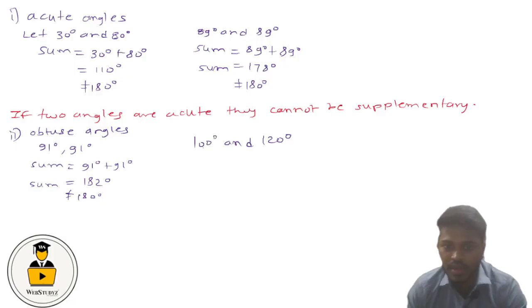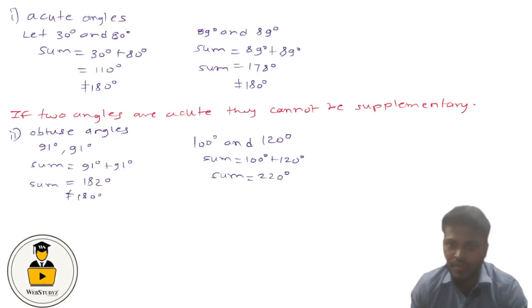So it is 100 and 120. Now let us find out the sum. So 100 degrees plus 120 degrees. The sum comes out to be 220 degrees, which is again not equal to 180 degrees.